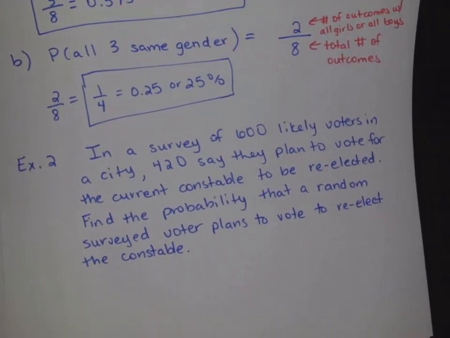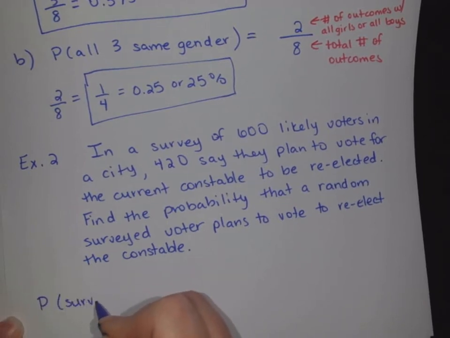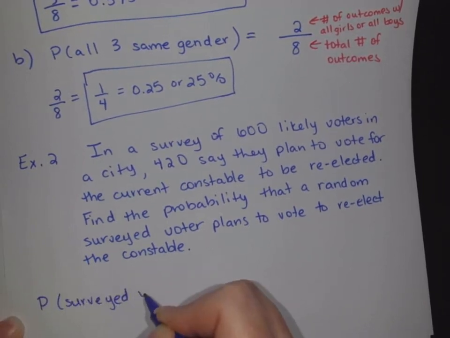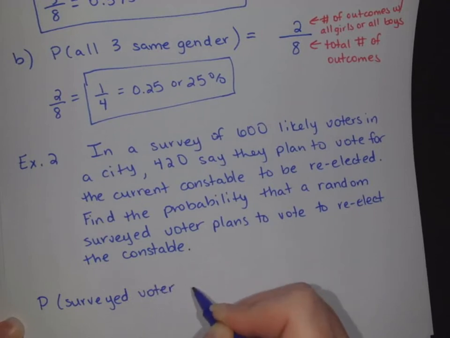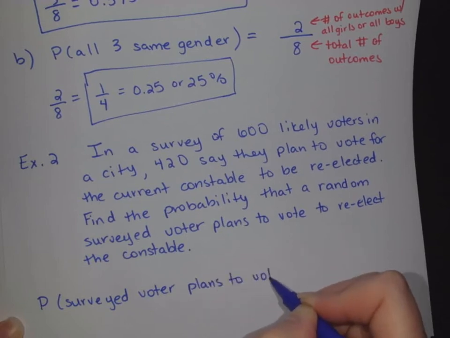So we've already collected data on 600 people, 420 of whom say they're going to vote for the constable, and so we're trying to use that to find the probability that just a random voter that we pick is going to vote for that constable. So the probability of the surveyed voter planning to vote for the constable.